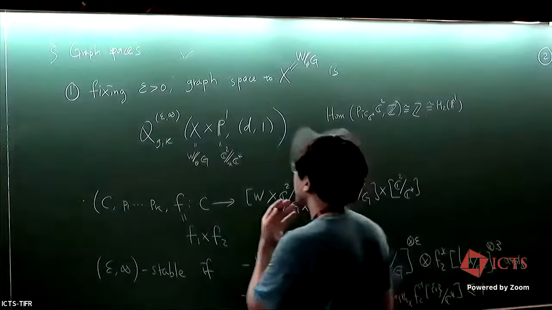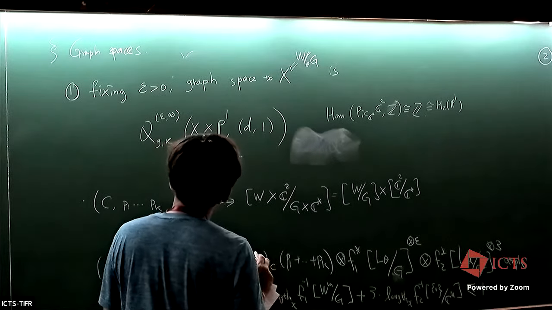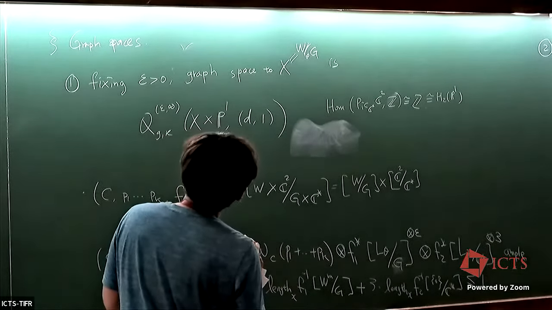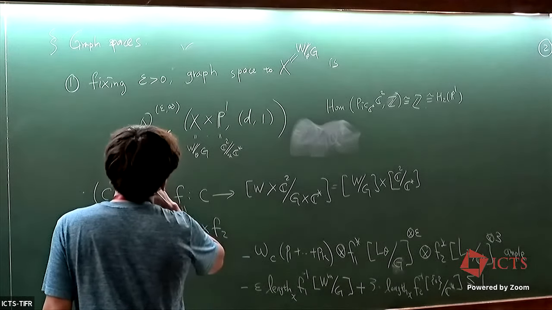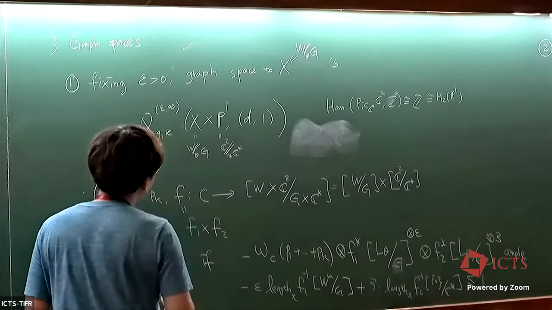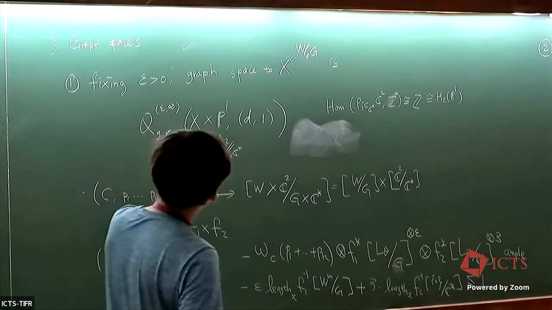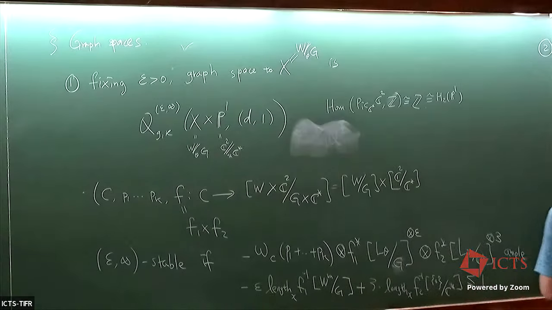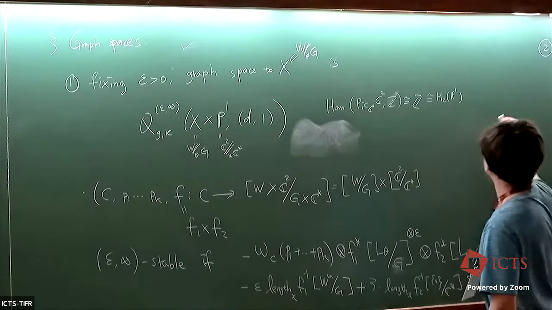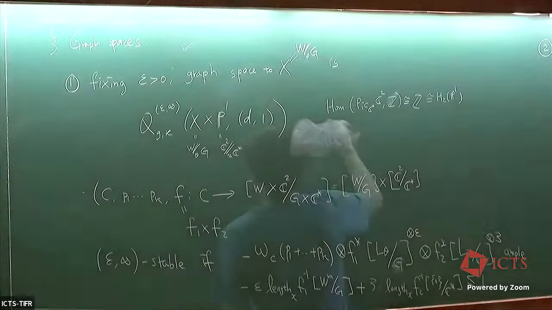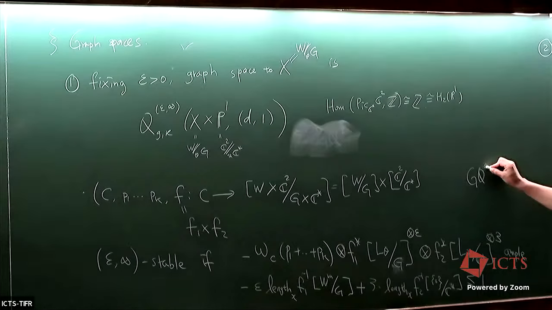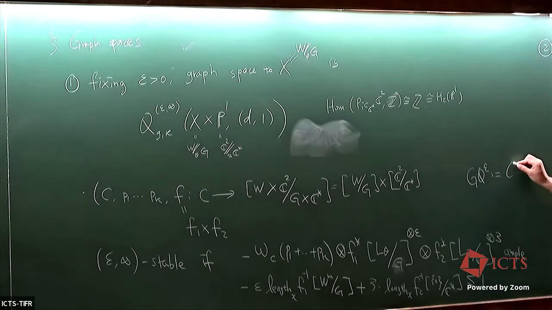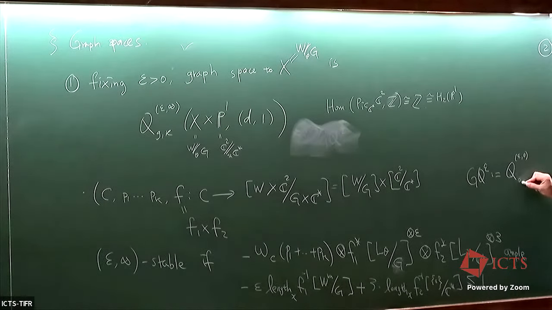I think this makes sense, but I haven't checked whether this is empty or not. Anyway, let's use this for the graph space with genus 0 and no marked points.